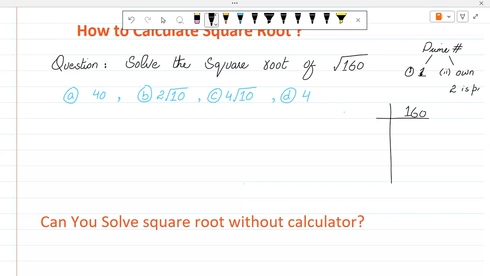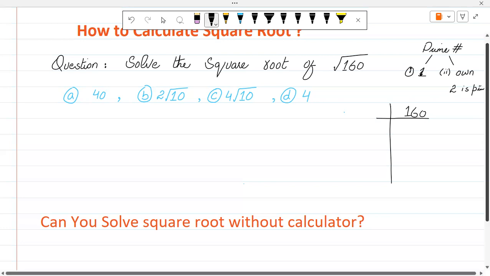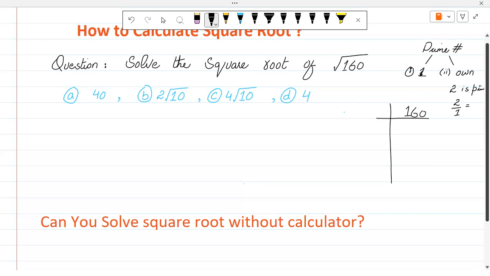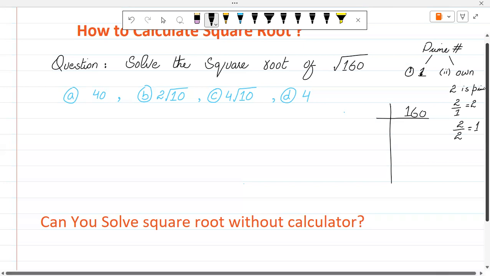Why? Because 2 divided by 1 gives you 2, and 2 divided by 2 gives you 1, so there is no decimal number. That's why 2 is prime. The definition of prime is very simple: any number which can only be divided by 1 and by itself.